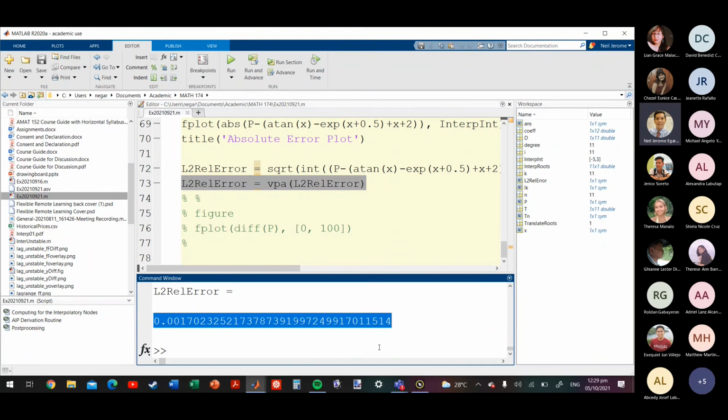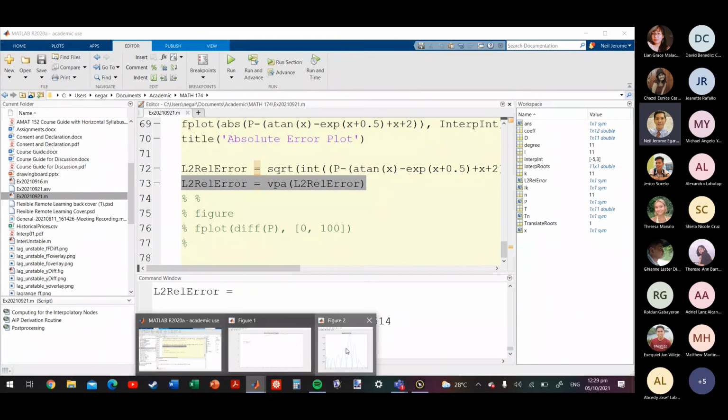And this is about what? 0.0017. So that means the relative error on the average is about 1.7%. Or you can say na over the interval -5 to 5, the cumulative error is about 1.7%. Or actually, hindi pala 1.7%. Siya ay 0.17%. Which makes more sense rather than just saying na ang maximum error ay 0.025.